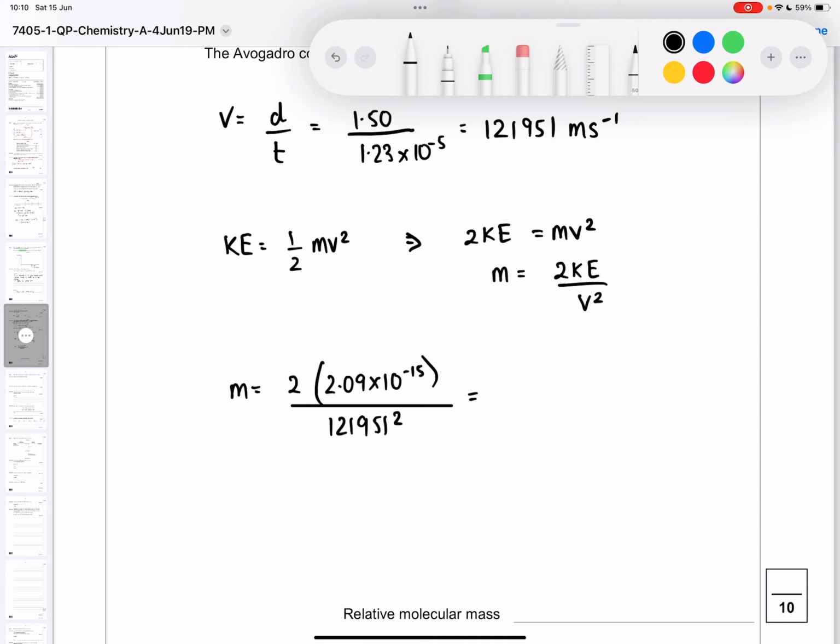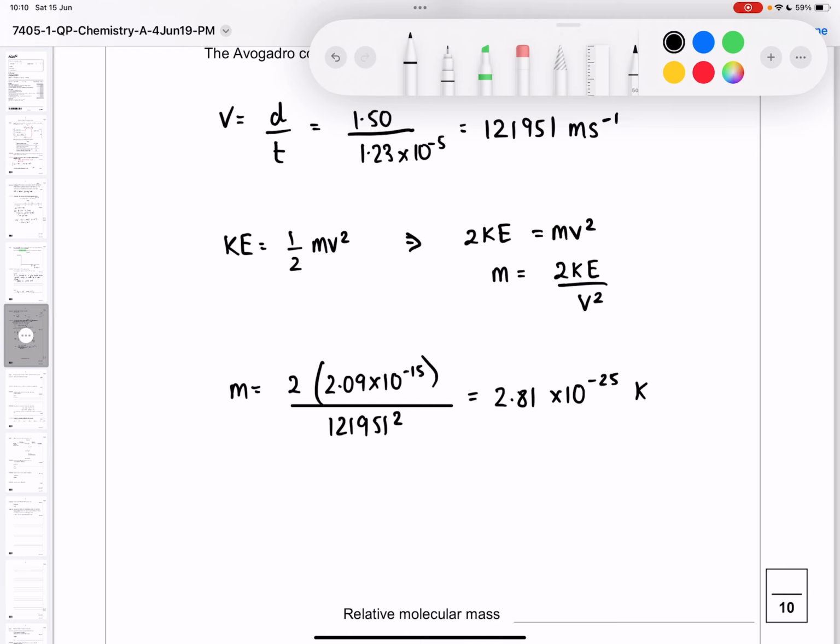So I'm going to use the fraction button, type in the top line, go to the bottom line and press answer so that I don't lose any of the accuracy of my answer. But remembering that we have to use answer squared. And we're getting 2.81 times 10 to the minus 25.